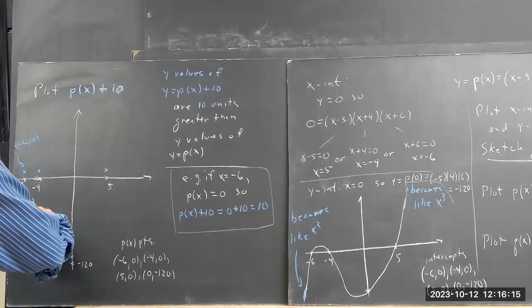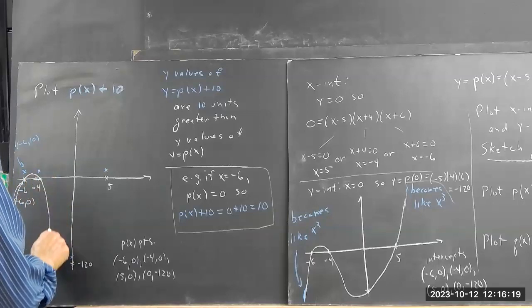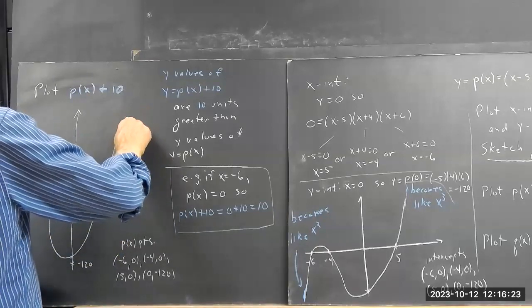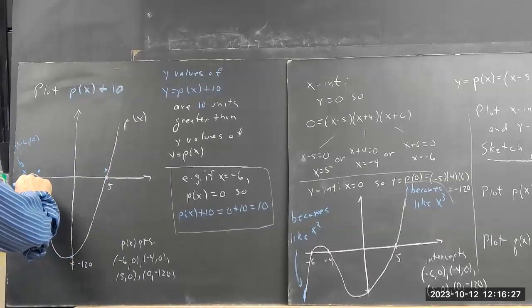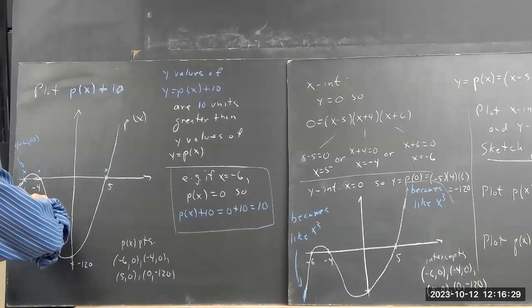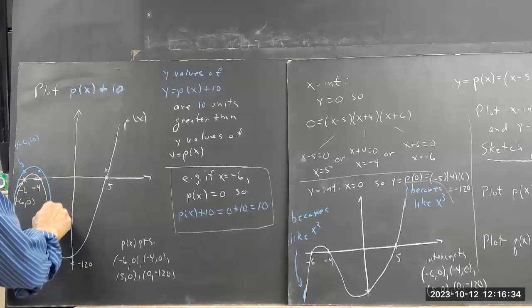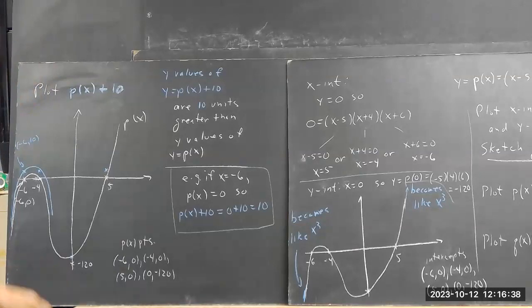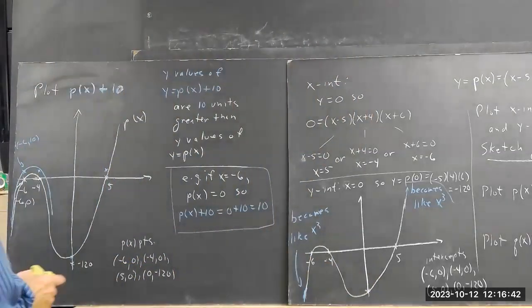First of all, let's go ahead and sketch a graph representing P of X. And now sketch a graph representing P of X plus 10. It'll look about like this. Uh-oh. Went through the wrong point down here. Fix that in a minute.